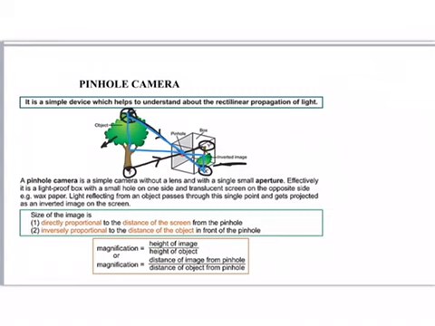So the height of the object to the height of the image is directly proportional to the distance of the object to the distance of the image. This ratio gives us the magnification of the pinhole.